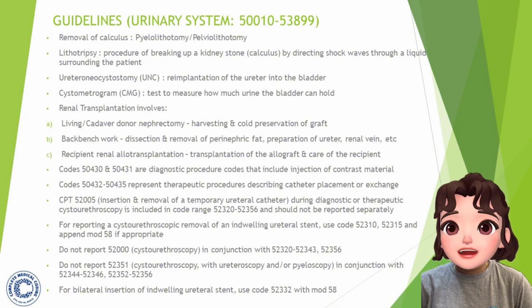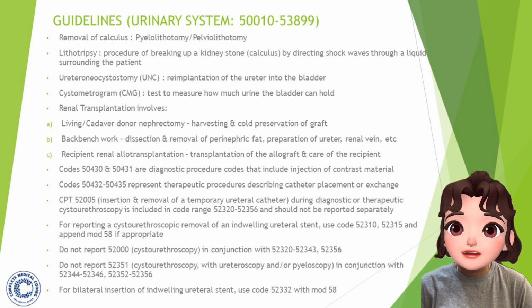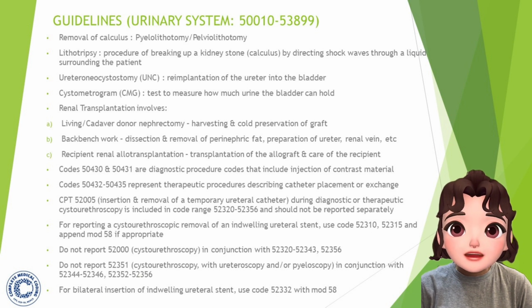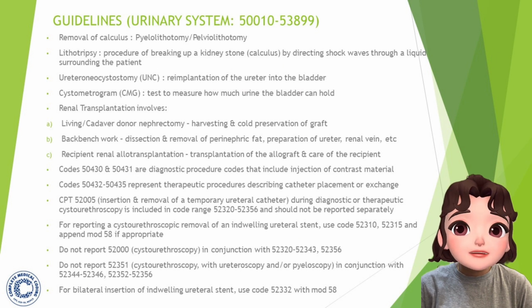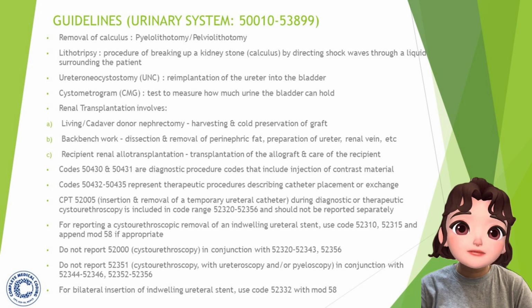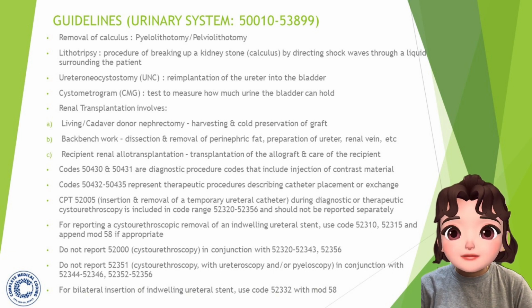Now, few guidelines. Renal transplantation, as we have already learned about transplantation procedures, involves three main steps: living or cadaver donor, backbench work, and recipient allotransplantation. We have learned before about liver transplantation and pancreas transplantation.